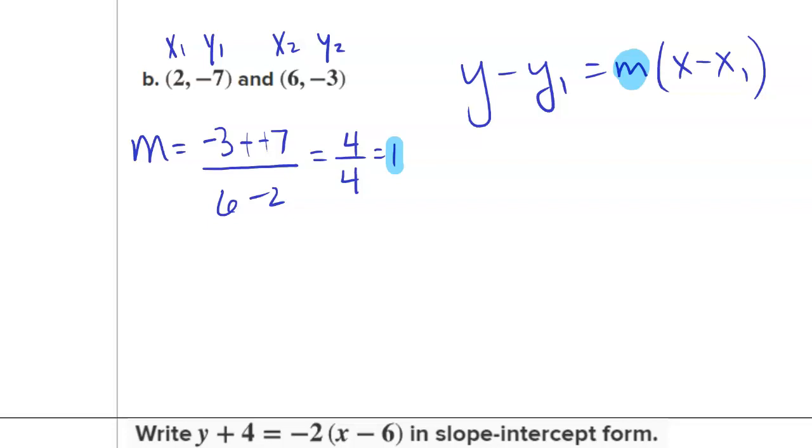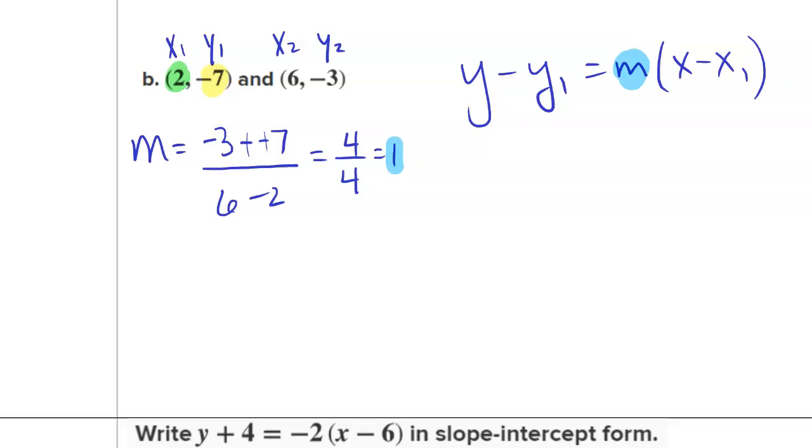We need to pick a point. So we're going to pick x1, y1. We'll just use the same one that's given right here. So we'll just say that our x1 is 2, and that our y1 is negative 7, and we'll go ahead and plug it in.